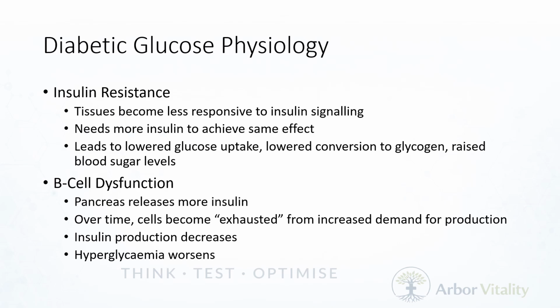And then hyperglycemia typically worsens because now insulin amount decreases, which means there's less of a lowering effect, so your hyperglycemia gets worse. Hyperglycemia gets worse, again, you need more insulin to achieve the same effect, which leads to more exhaustion, even more decrease in production.